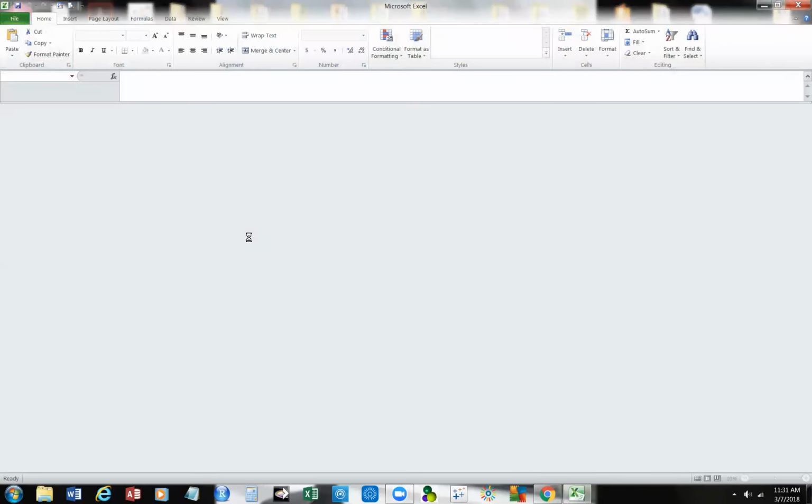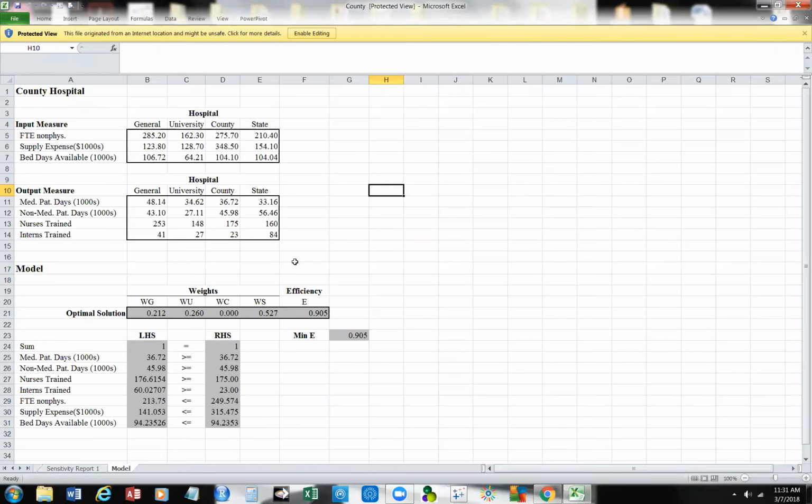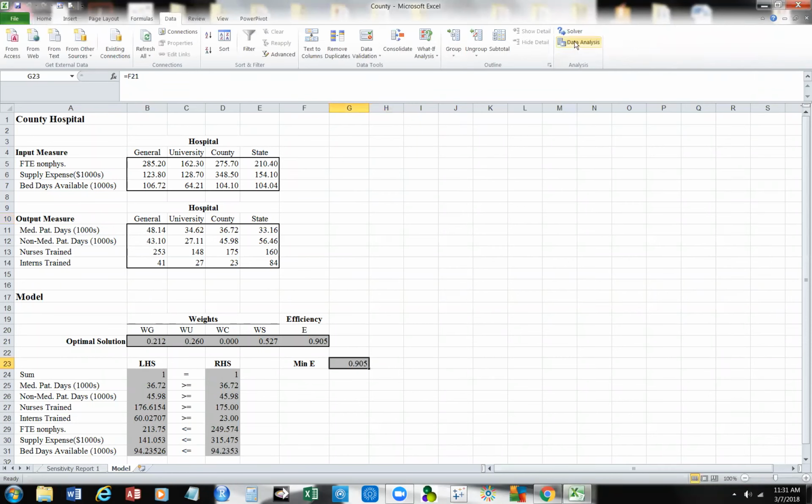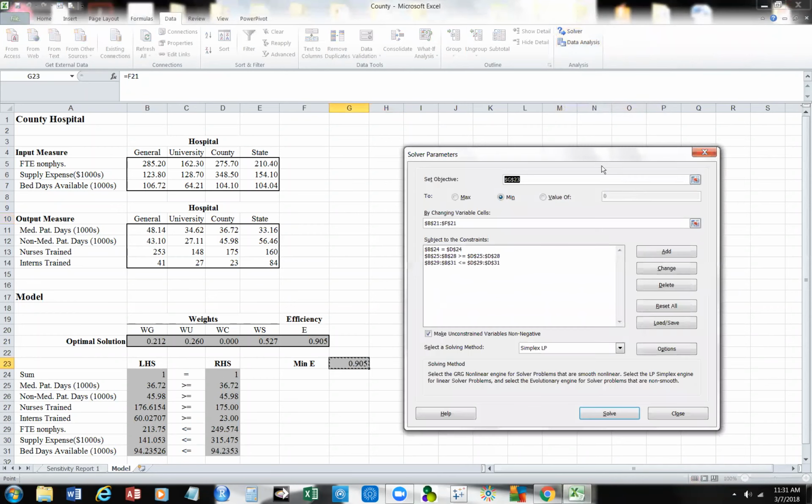Okay, let's look at county for a minute. And now I may, if I'm not mistaken, ask you to do some manipulation of the variables in some of these other files. But just here's the county hospital, okay, and here's our efficiency. And I'm going to click on data, and we'll come over to the solver and take a look.